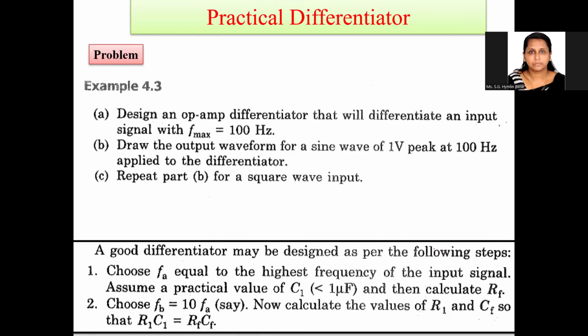Second, choose the value of fb equal to 10 times fa. Now calculate the values of R1 and CF so that R1 C1 is equal to RF into CF. The frequency should satisfy fa less than fb, and fb less than fc, the unity gain bandwidth of the operational amplifier. These are the conditions you have to know.